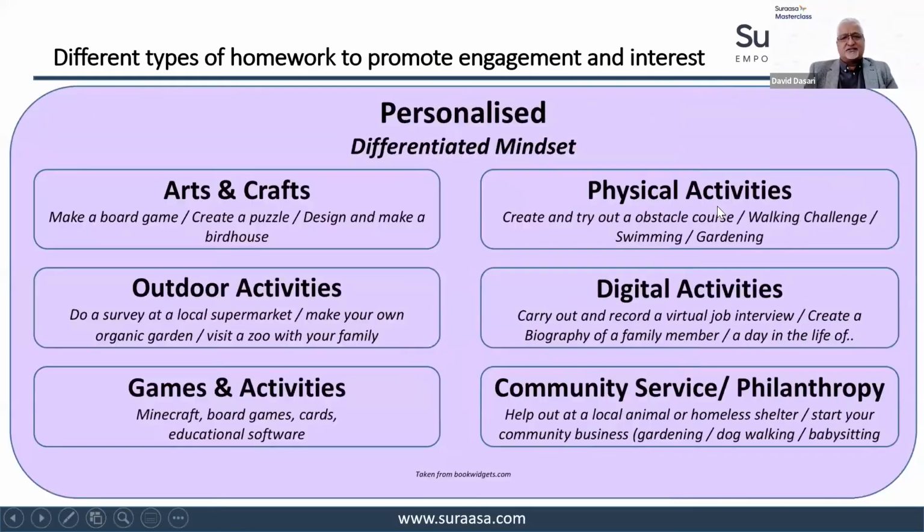Now, research has shown that personalized or differentiated kinds of activities can be broken up into a range of big categories. These categories are arts and crafts, outdoor activities, games and activities, physical activities, digital activities, and even sometimes business related or community service activities.